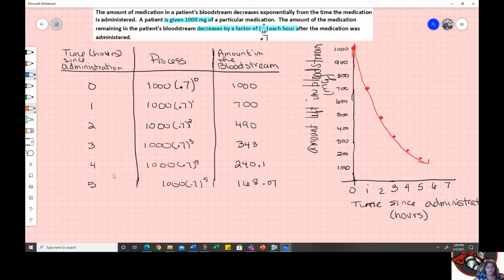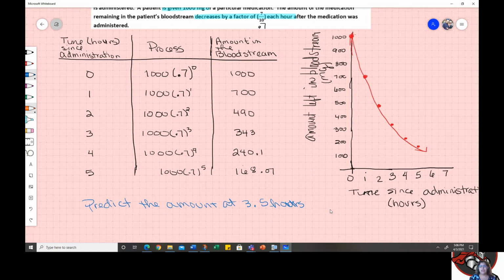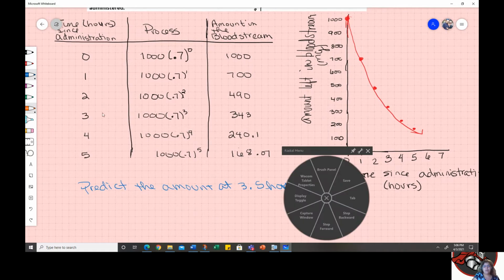For instance, if we want to predict the amount at 3.5 hours, we've got a couple of places we can look. We can look at our table.